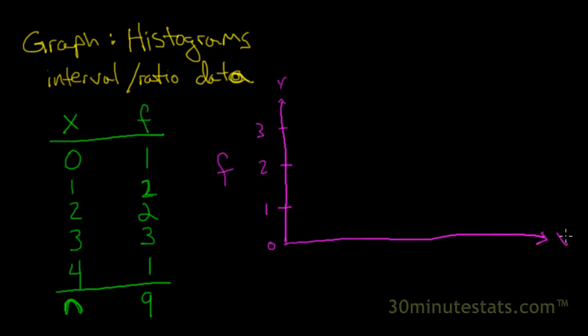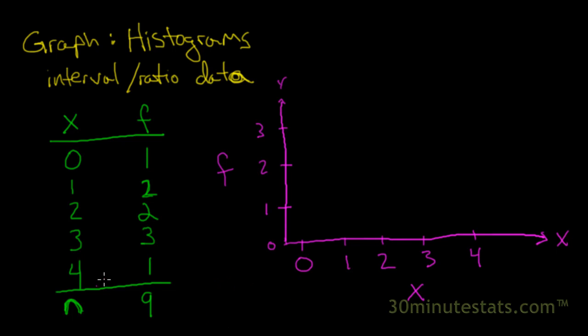Now on the x-axis, we'll have the values of the variable x. And those range in value from 0 to 4, so we'll go from the smallest, 0 on the left, and we'll go to 1, 2, 3, 4, and we'll place little tick marks here. And so now we've got our graph prepared.